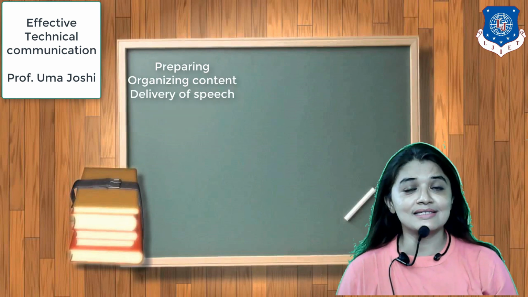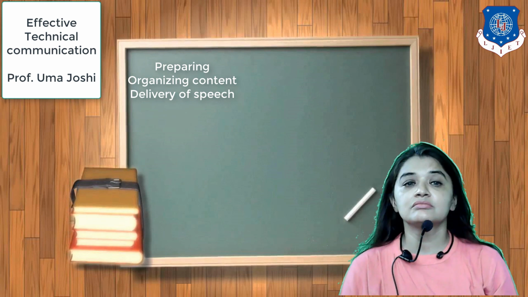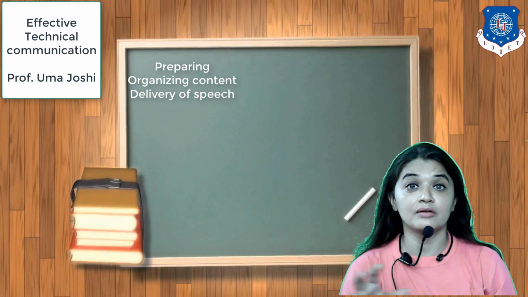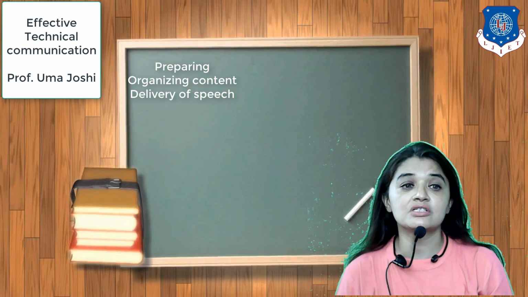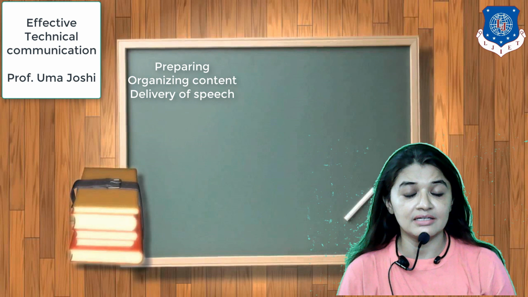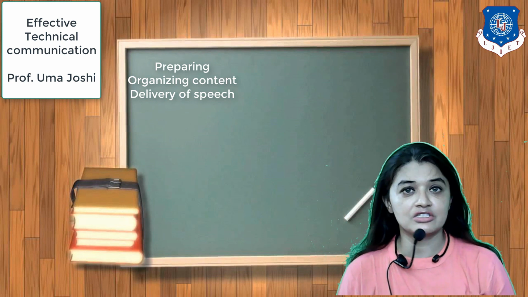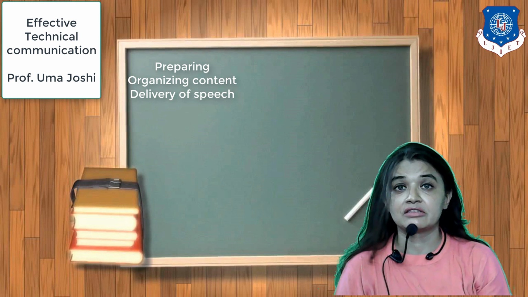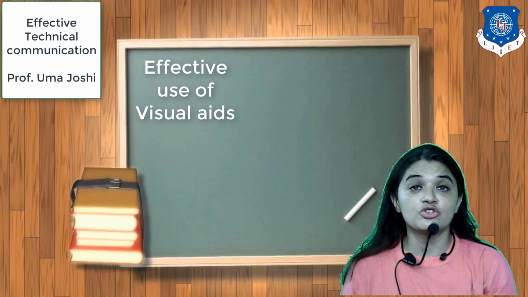Now the second step, preparing for the presentation, includes preparing the content and the speech. Both of them we have already discussed in the previous topic, the public speech. First of all, you have to choose your visual aid based on the availability.